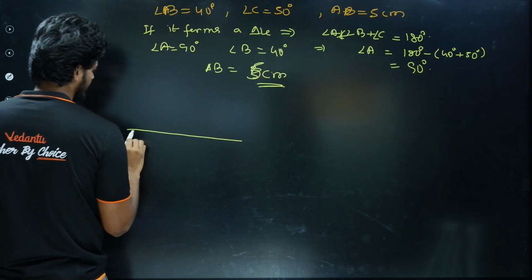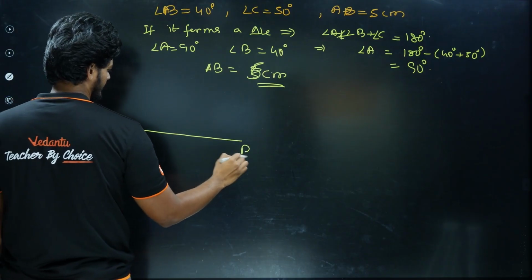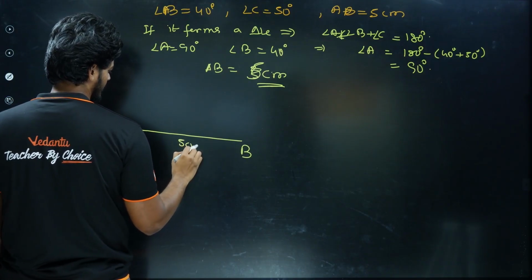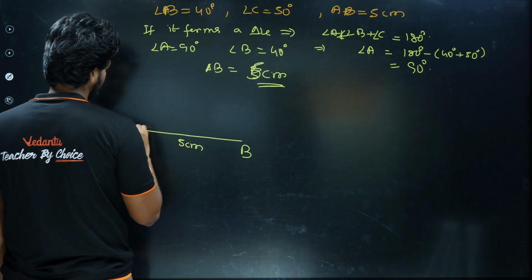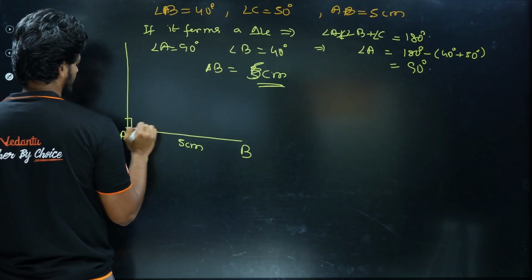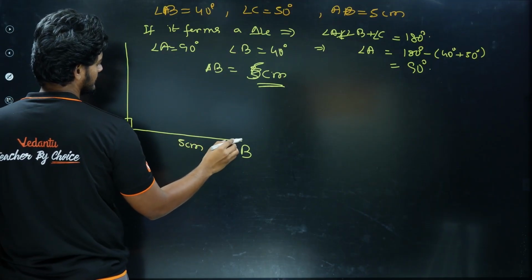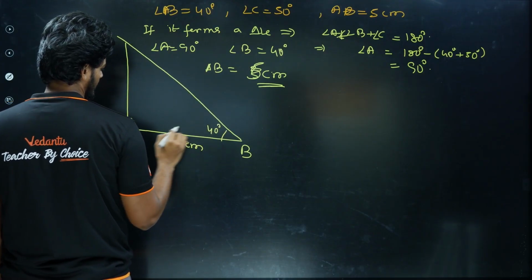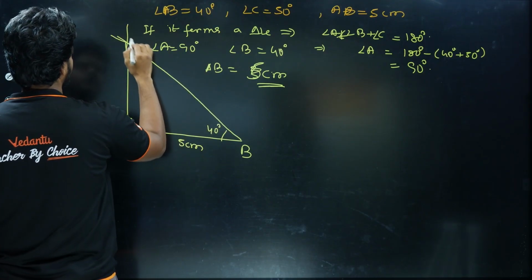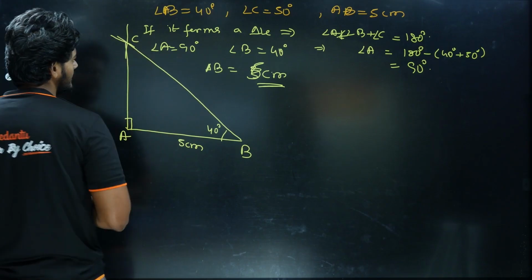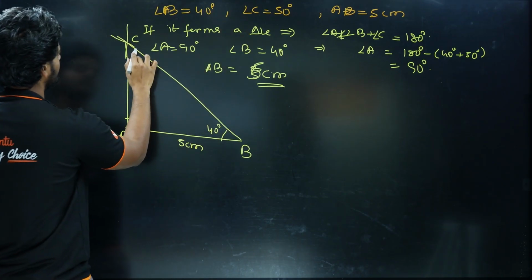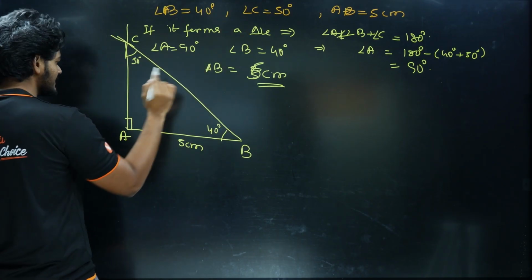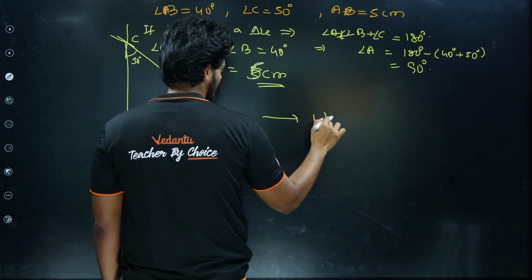So we draw AB with a scale, 5 centimeters long, and then we draw 90 degrees here, and we draw 40 degrees there. They will intersect at some point. This we will call C, and then of course C will have 50 degrees, and this will also be a unique triangle.